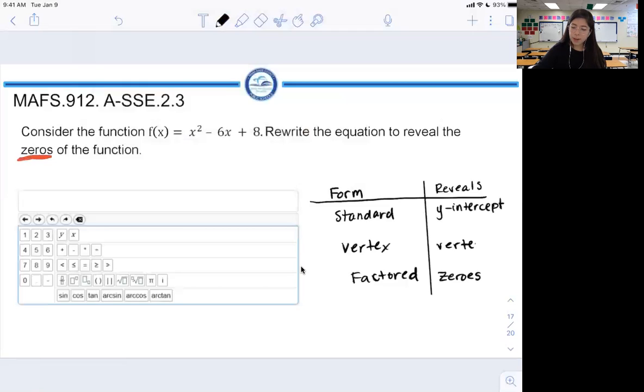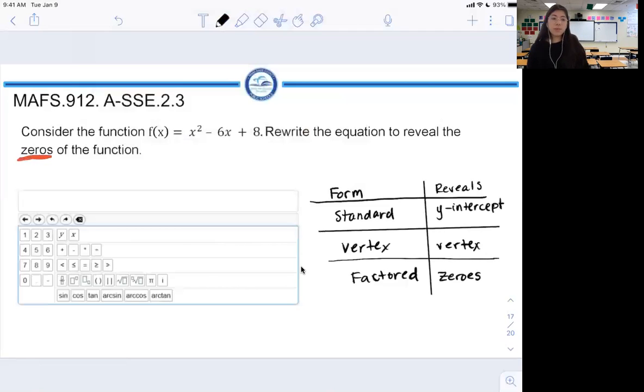That could be very useful if you want to take a picture of this or write it down, just to remember what each form tells you. Factored form is the only one that can reveal the zeros, so we need to factor it. That's all this is asking us to do. We need to find a number that, what is it? The sum product method.